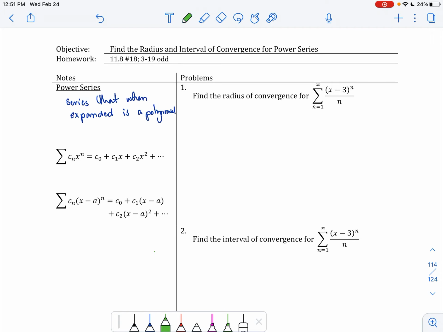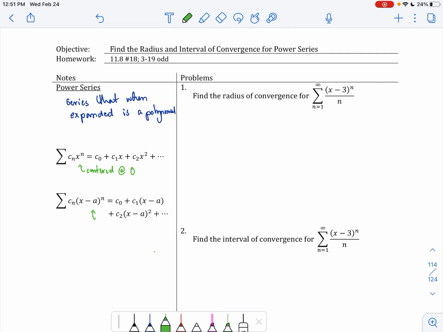So again here, this is something that we would call centered at 0. And this idea of being centered is going to be really important next week. Here, this also will create a polynomial, right? Here would be our coefficient c 1, x minus a, coefficient c 2, x minus a squared.